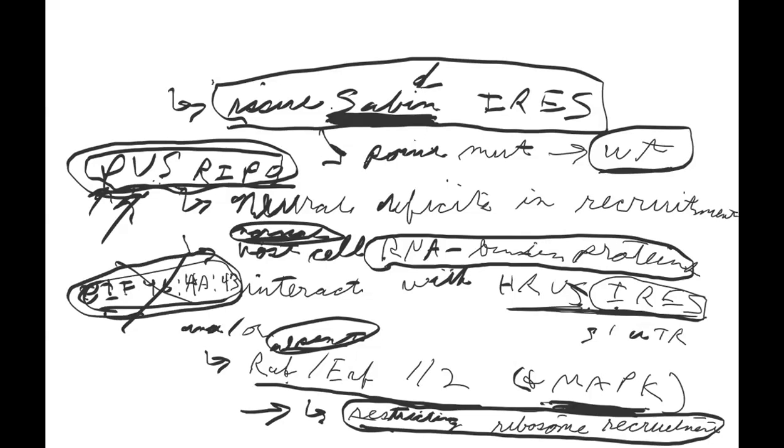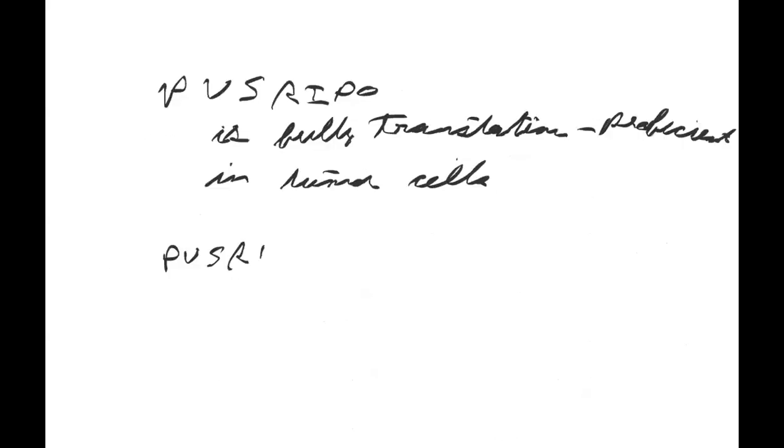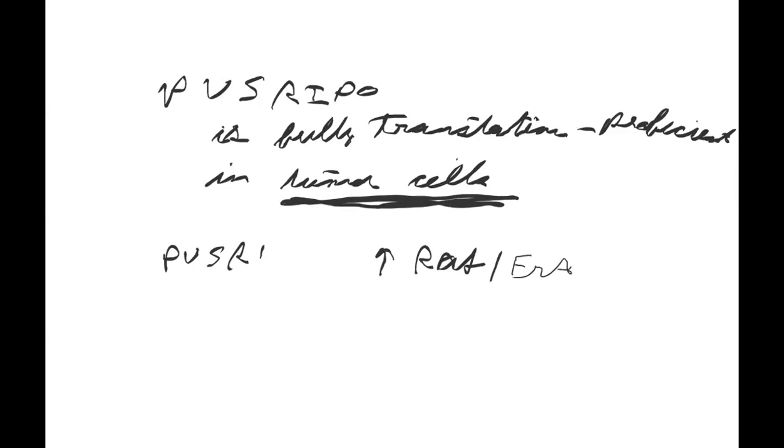Now, in tumor cells, that's different, because in tumor cells, you have increased RAF and increased MAPK and a decrease in RNA binding proteins.